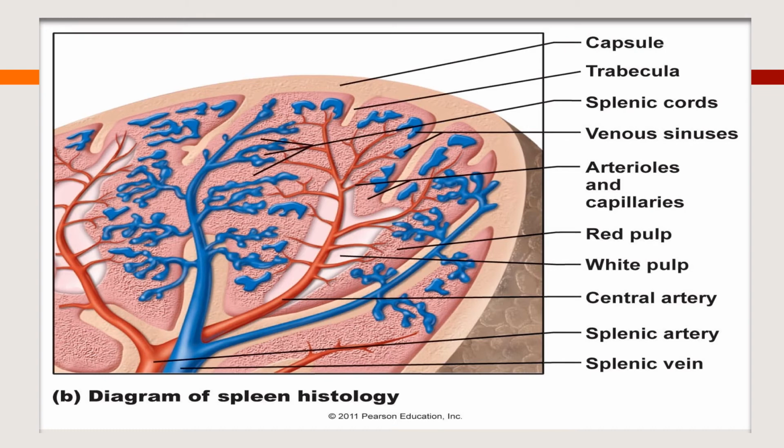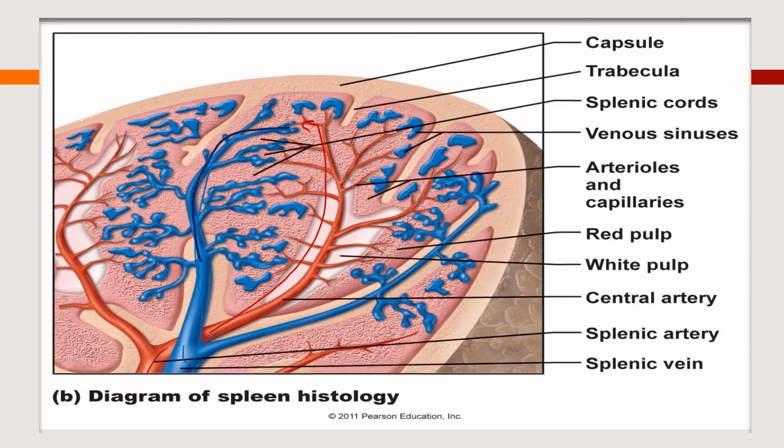If we zoom in on the cortex of the spleen, we'll see that the splenic artery and vein branch out until they reach areas where the arteries just dead end and the veins don't quite pick up yet.